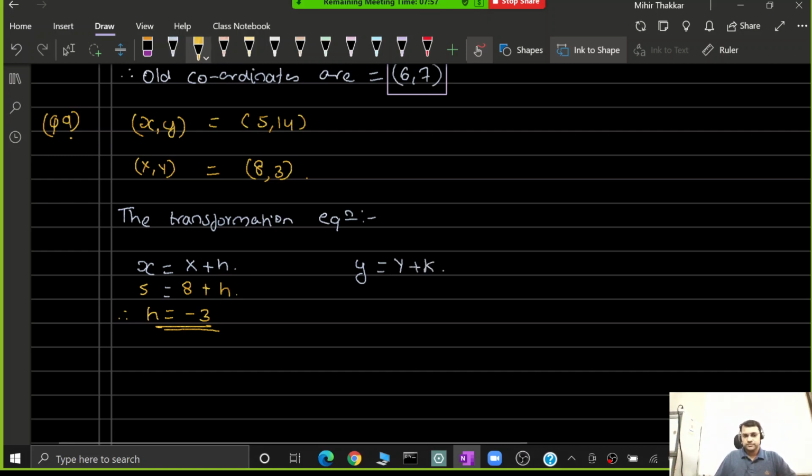Substitute the values. Small y is actually 14, capital Y is 3, plus k, and therefore k comes out to be 11. Therefore the new origin is minus 3, 11.